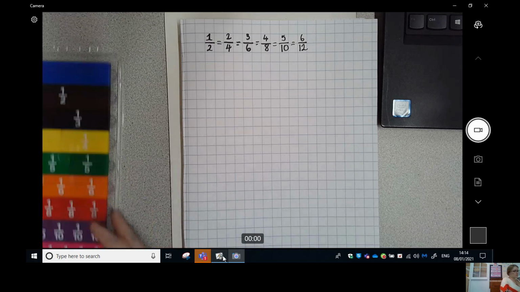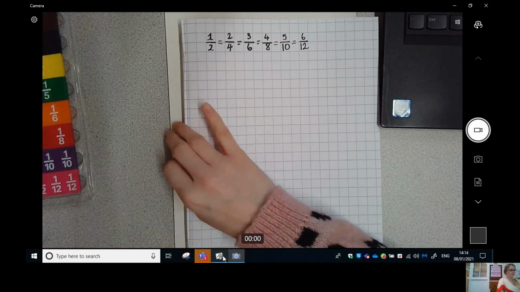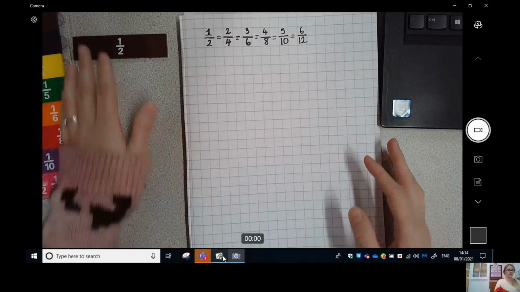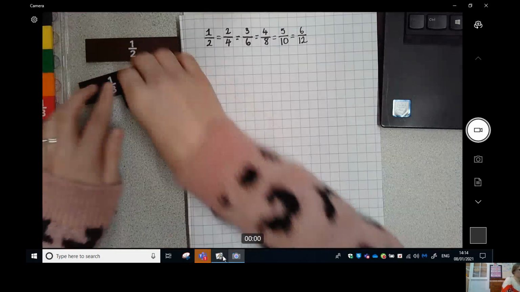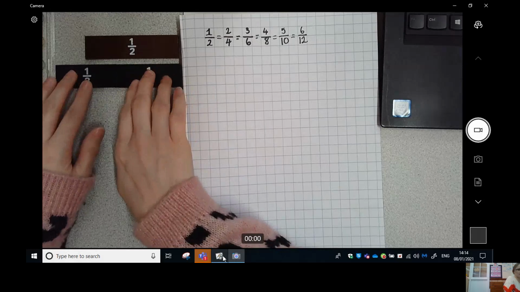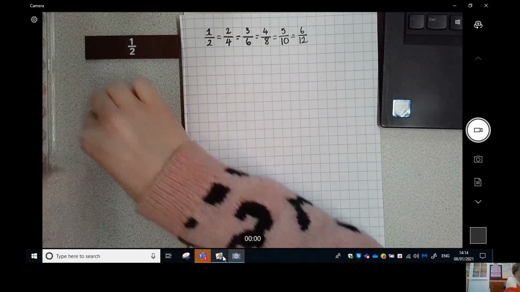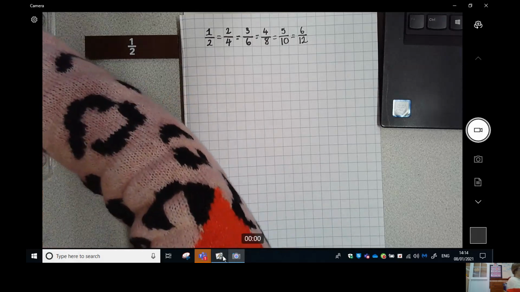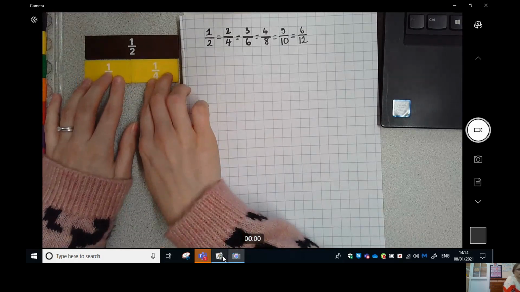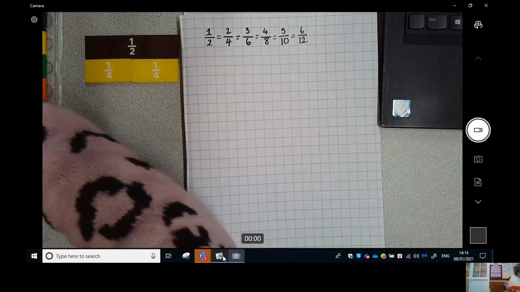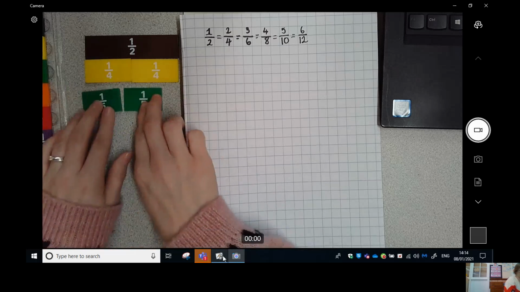Okay, I'm just going to quickly show you what that might look like if I was doing it on my fraction board. So I might get my half, so I can see that really clearly at the top, and then I might have tried a third. Oh no, that's not the same size, so I'm going to put that one back. I'm going to try quarters now. Fantastic, I can see that's the same. Fifths.